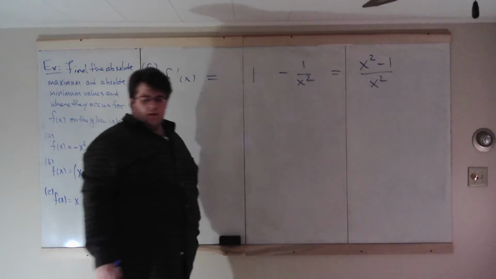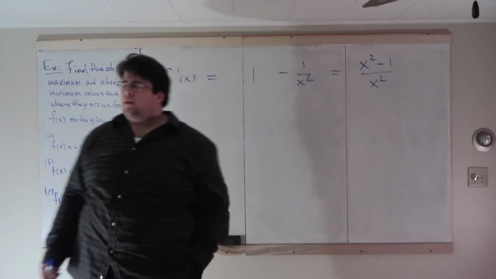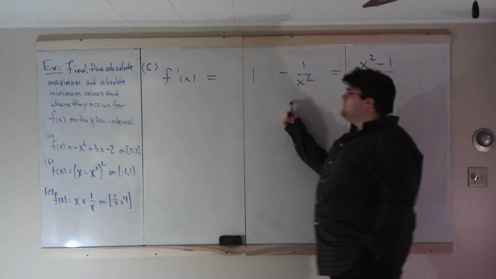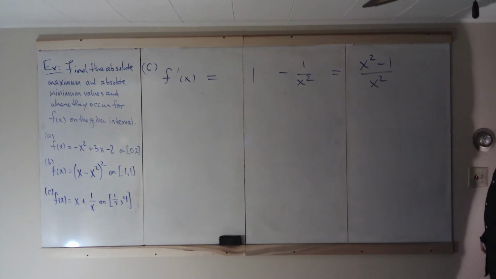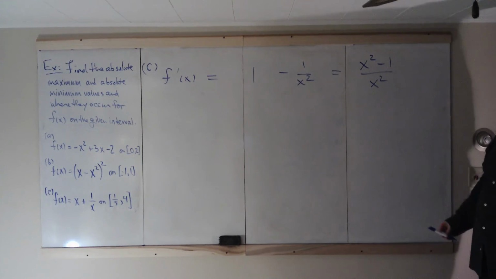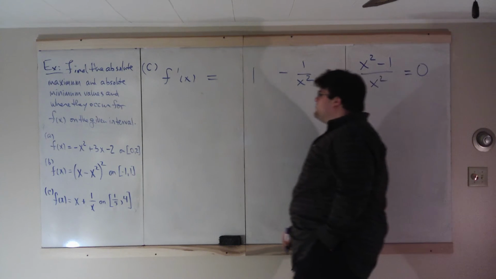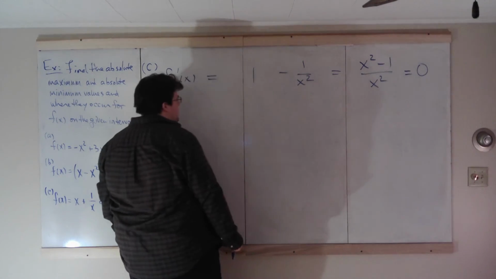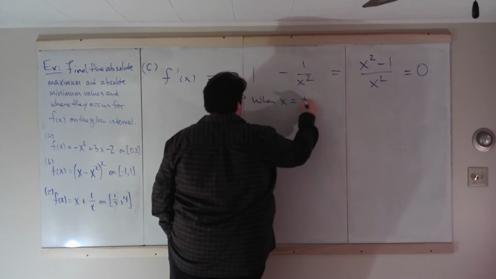Why would I like to do that? Well, we're looking for where this is 0 and where it's undefined. When it's written in its fractional form, that reduces to finding where the top is 0 and finding where the bottom is 0. So I do like writing it as a fraction because of that. But the top equals 0 when x equals positive or negative 1.